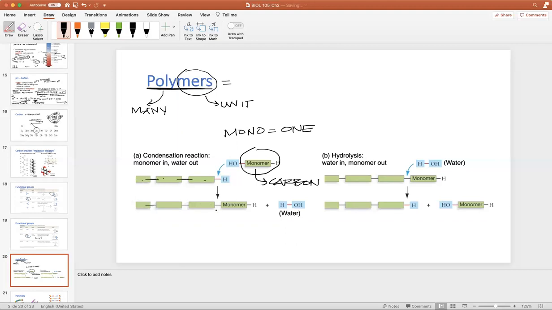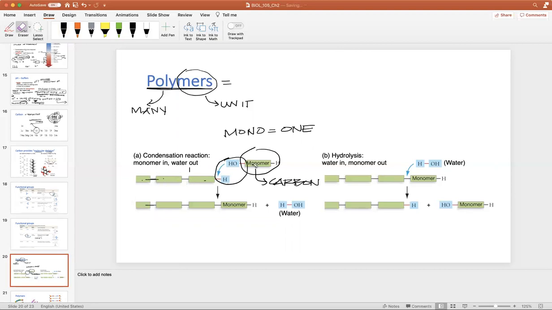Now, how do we link these monomers together to form polymers? Well, it turns out that these individual carbon-based monomers often have OHs on one end and H's on the other. And so you can link them together by taking away an H and an OH, which you guys know forms water. Let me make this clearer.